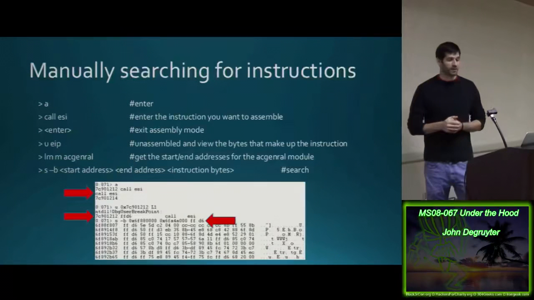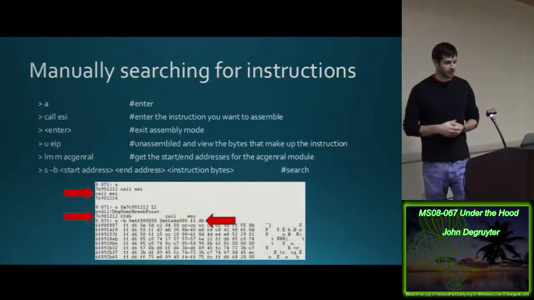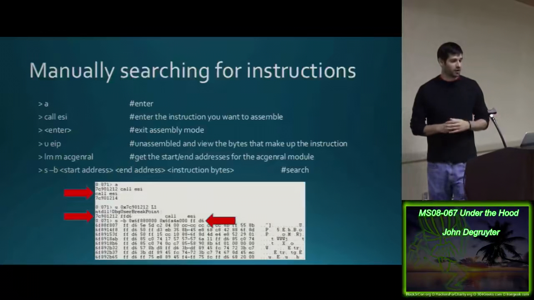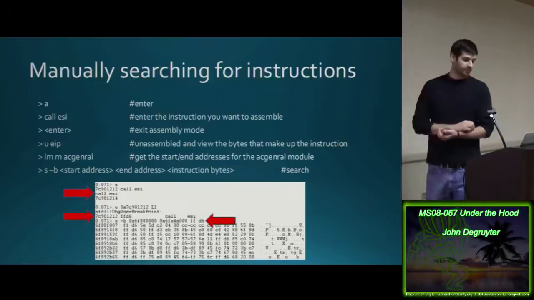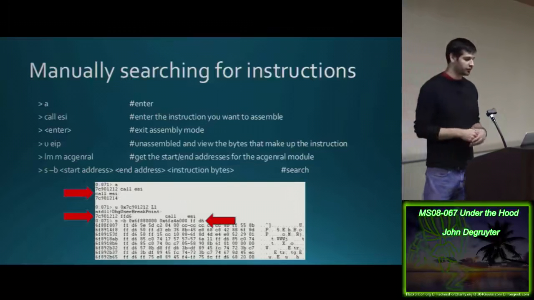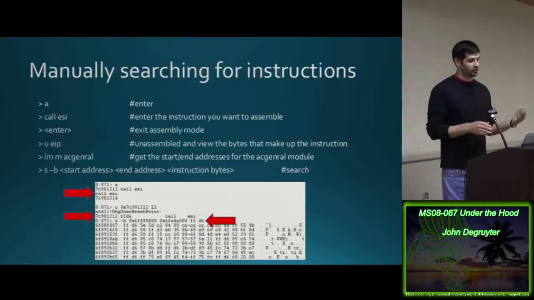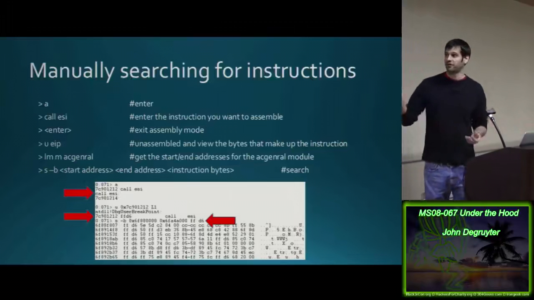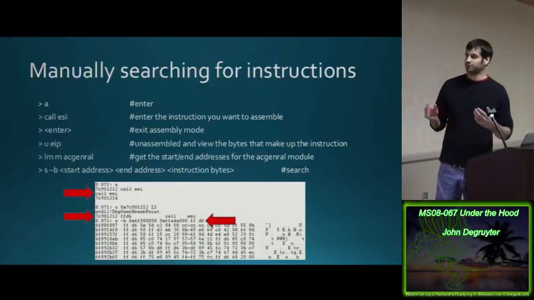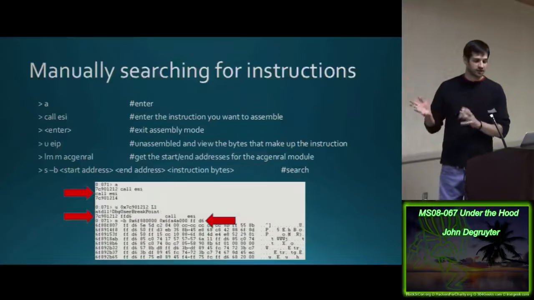Another thing we can do is manually search for instructions. This is a trick that was taught to me by Brian Kavina. While you're in the debugger, if you need an instruction, you can just assemble it there on the fly. So you can hit A, and you might want to do this at a different address. In this example, I just overwrite EIP, but you can jump to a different address if you don't want the process to crash.